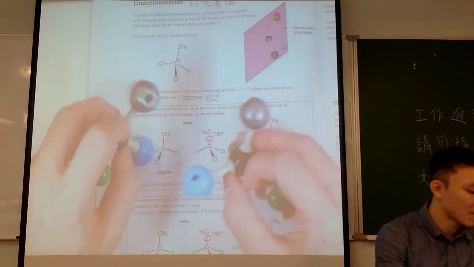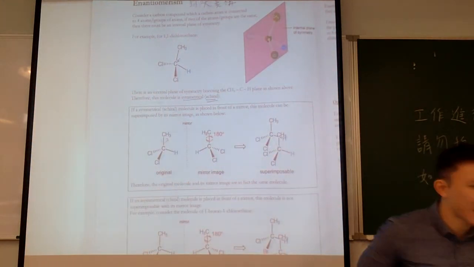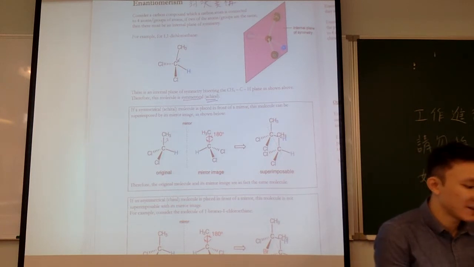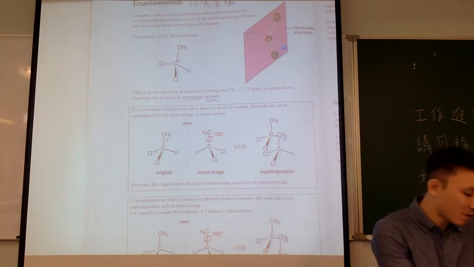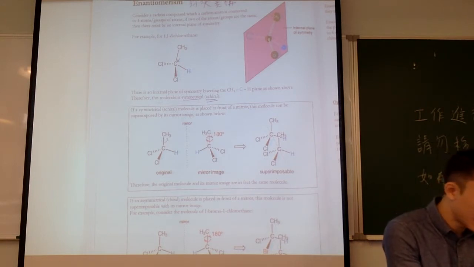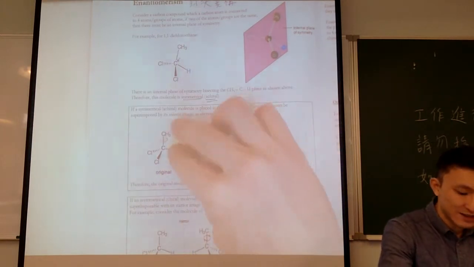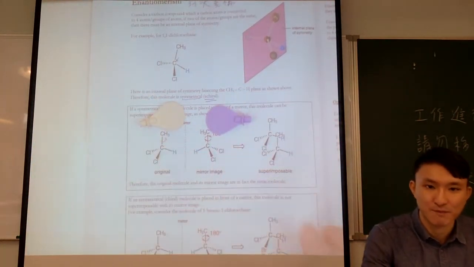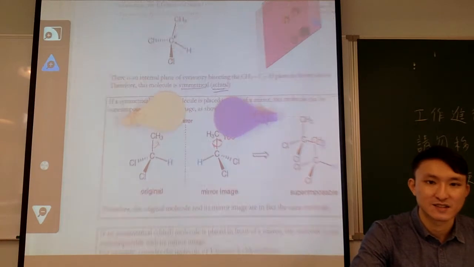Let's just say, for example, I have these two objects, and they are perfectly symmetrical.